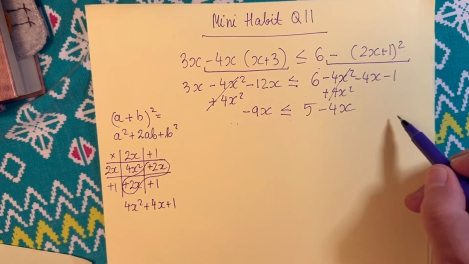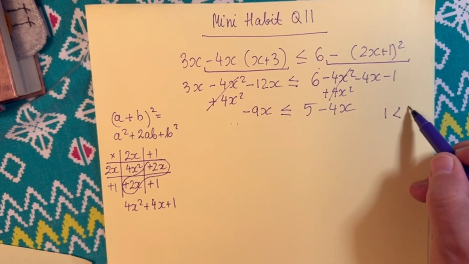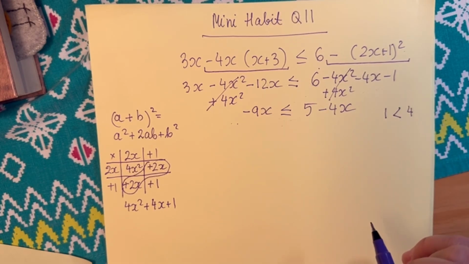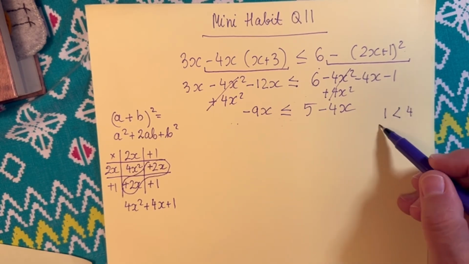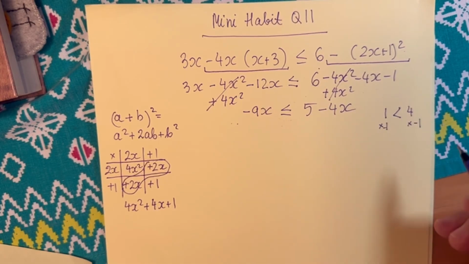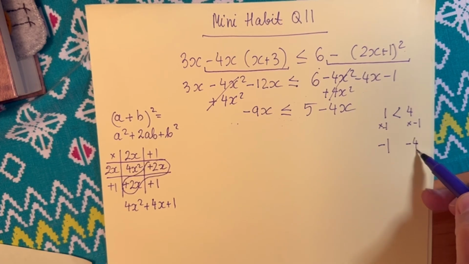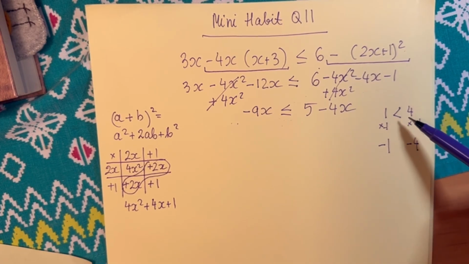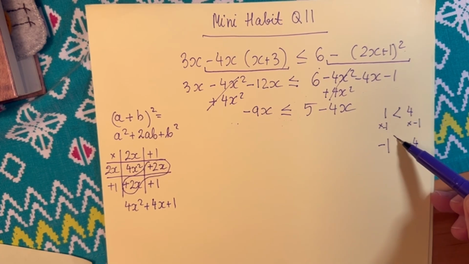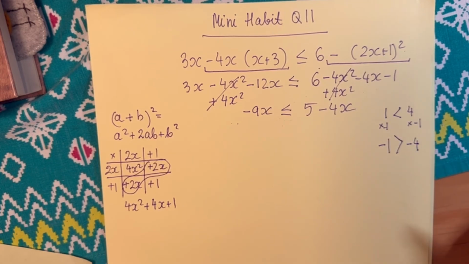If I write 1 is less than 4, and I multiply this side by minus 1 and this side by minus 1, I will get minus 1 and minus 4. You can see that this time the sign changes. Minus 1 is bigger than minus 4.